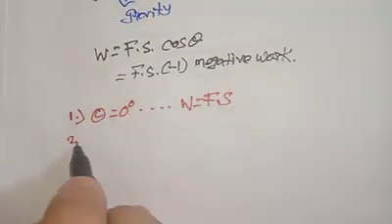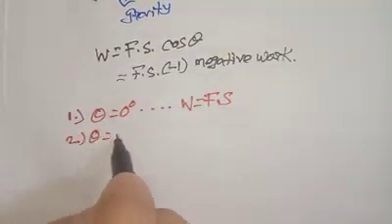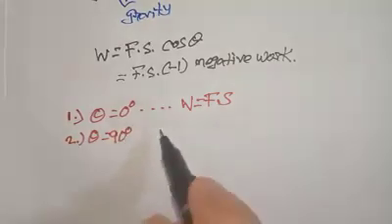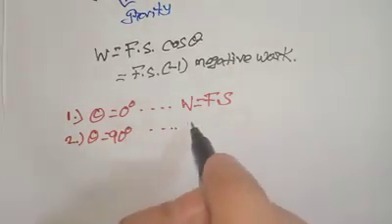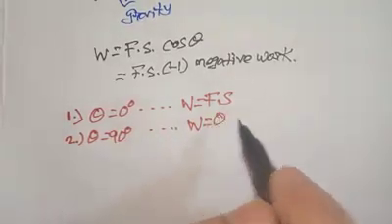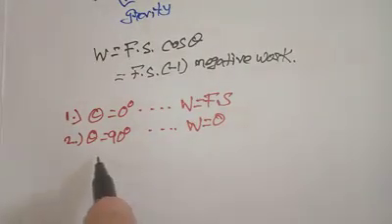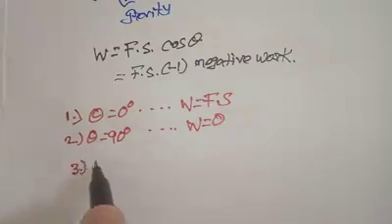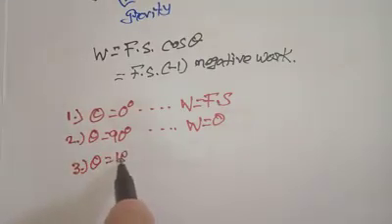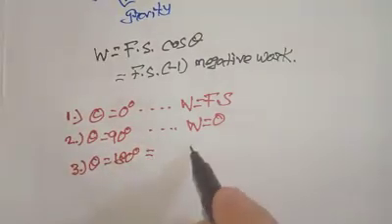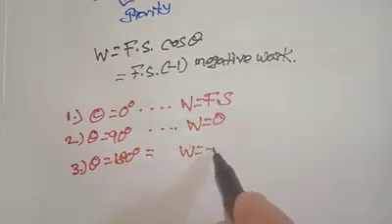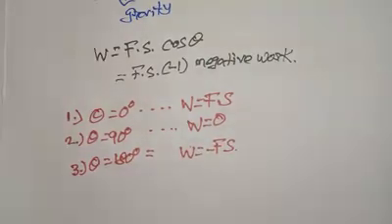For the second case, if theta equals 90 degrees, it is perpendicular, then obviously the work done would be 0, because cosine of 90 is 0, right? And also what we have seen recently, if theta is 180 degrees, then the work done would be minus Fs, that is a negative work done, right?